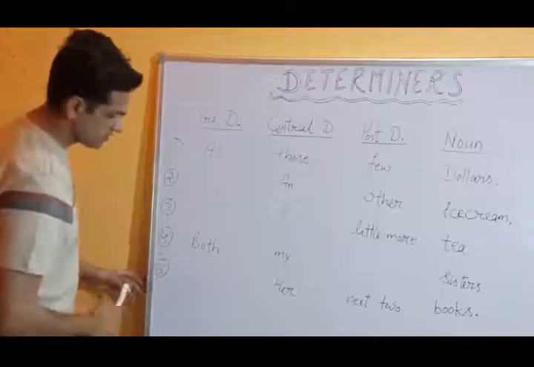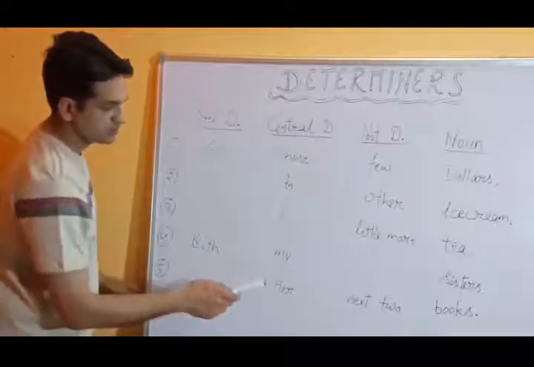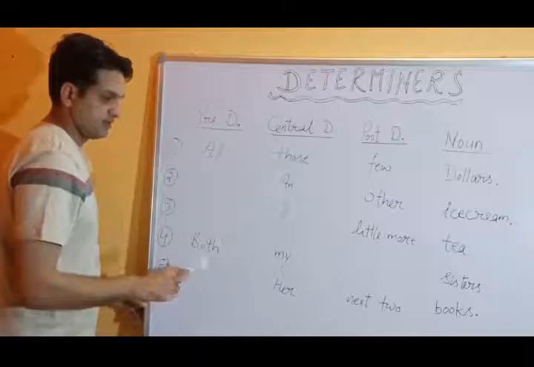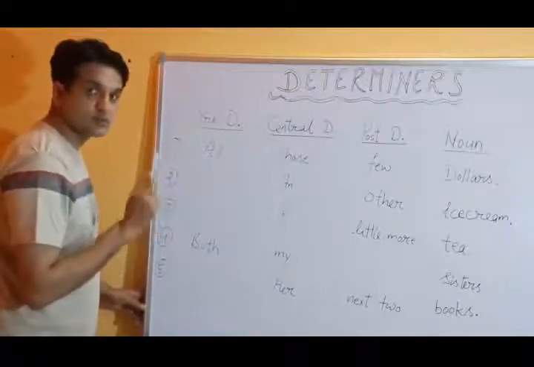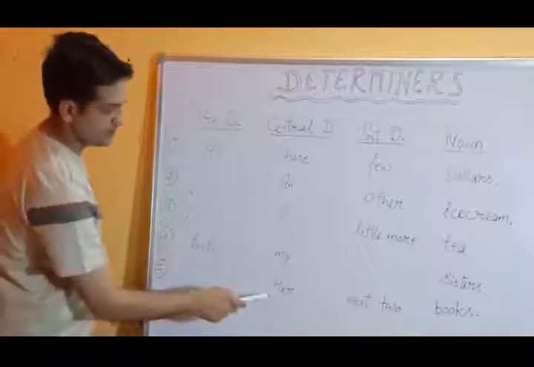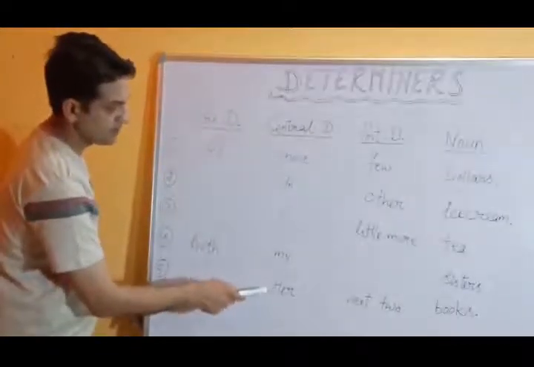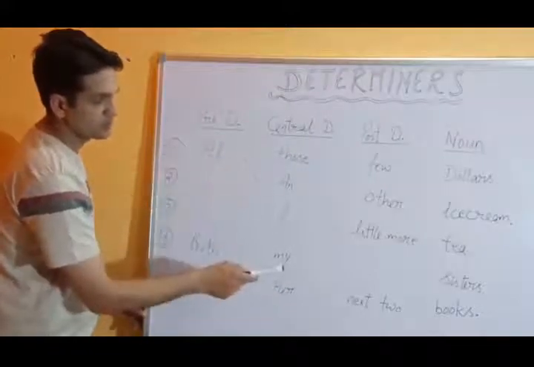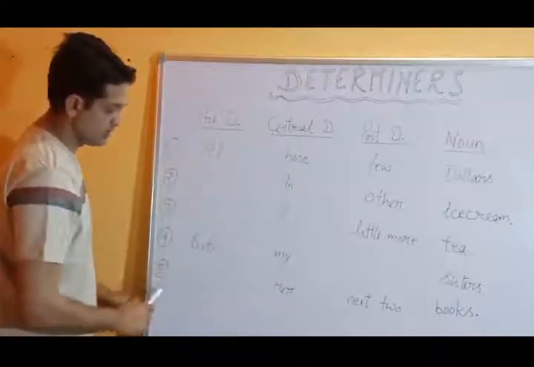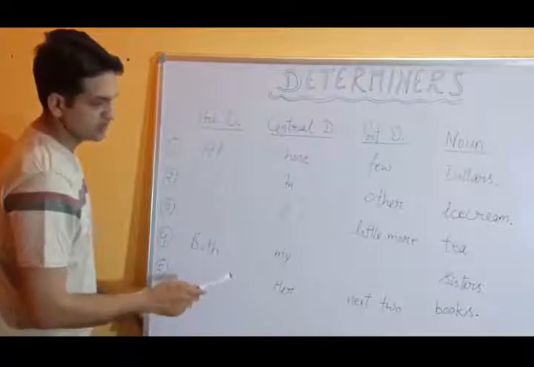Now the fifth example, her next two books. Again, there are three determiners but only two determiner positional categories. Her is a central determiner that is possessive. Next and two will be post determiners and books is a noun. So the sentence will be her next two books.